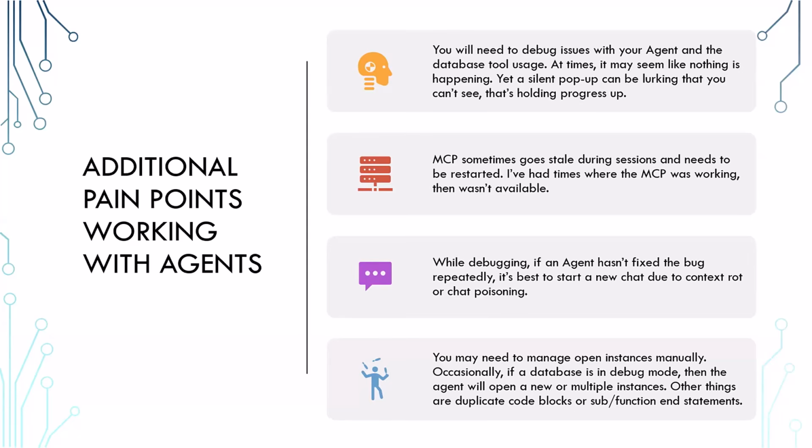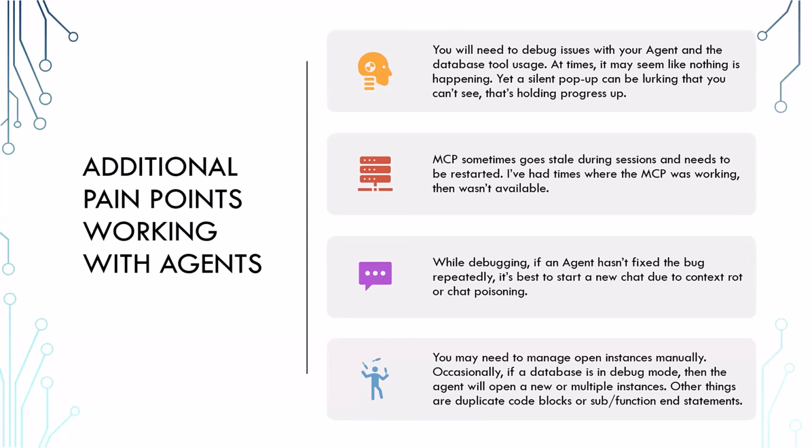And occasionally, as you're working with the agents and the MCP servers, you'll need to manage open instances manually. If something's caught up in debug mode or you have one of those silent pop-ups in the background, the agent will open multiple instances of the same file. And so you might say to yourself, why do I have three of the same file open?